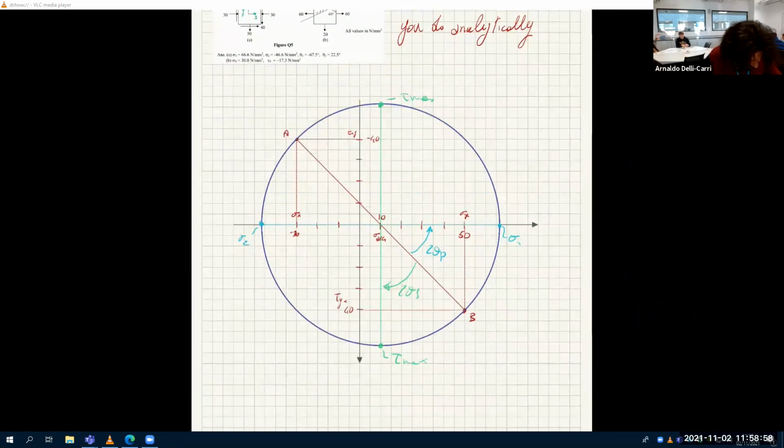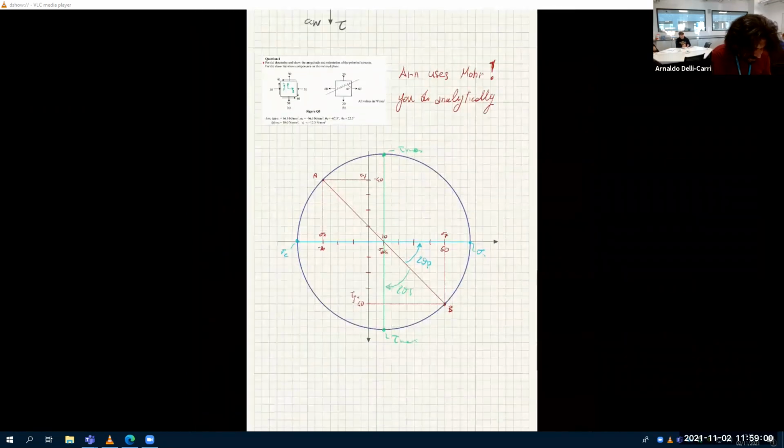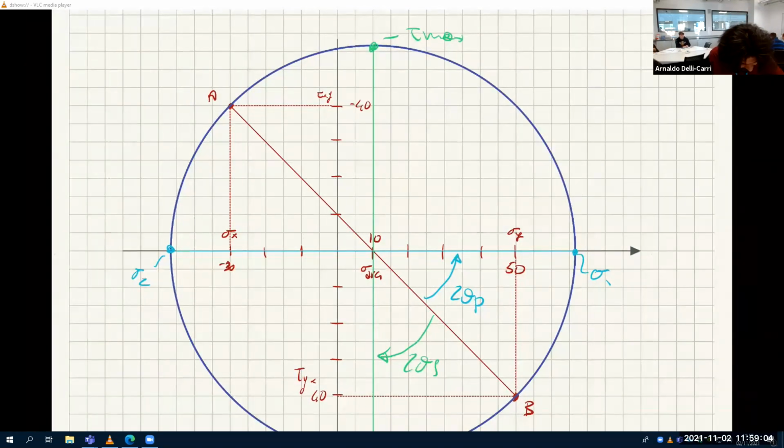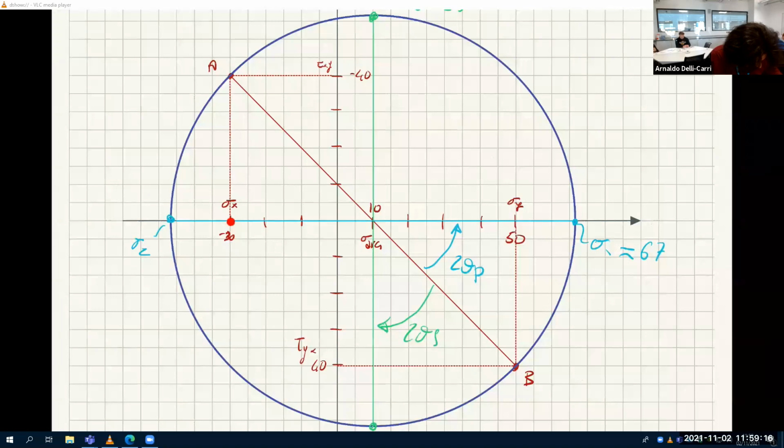No, I didn't put numbers, but it's very easy to see that if this is 50, 60, 65, 67, more or less. Sigma 1 is about 67. Sigma 2 is minus 30, minus 40, minus 45, minus 46, I would say.